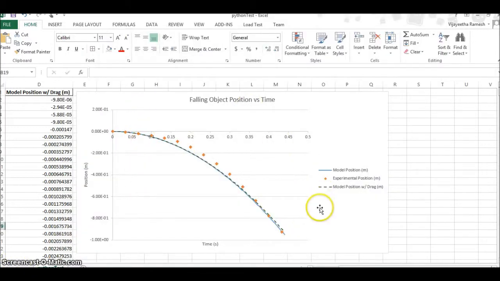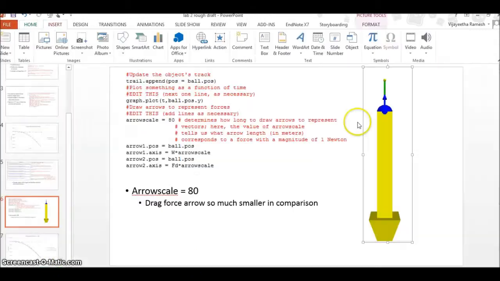So from this graph, I can conclude that the model with gravity and drag force included helps predict the realistic experimental model a little bit better than the model position without drag force. If I were to use a better model, such as dropping the ball from a higher distance, from a higher height, I would get a much better set of data.